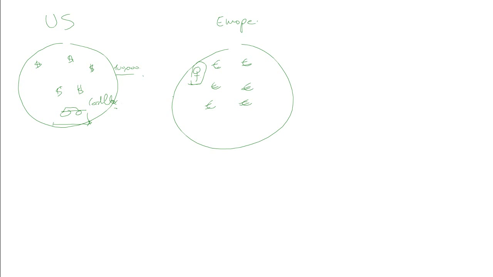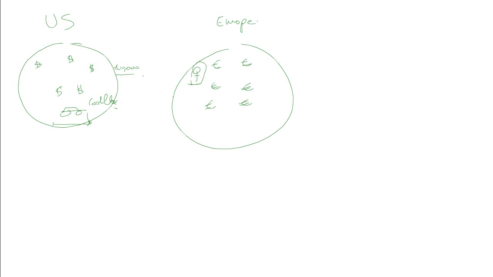In this economy, there are a lot of people who want to buy foreign goods. In the U.S., there are people who want to buy, for example, French wine, and there are other Europeans who want to buy other American goods. So it's starting to really look like a market.